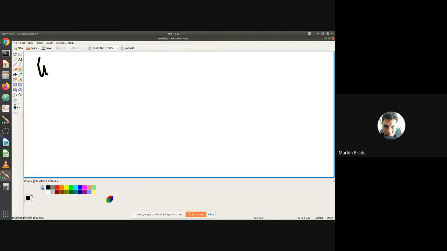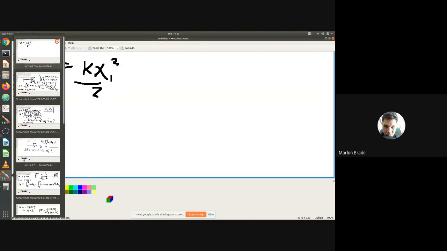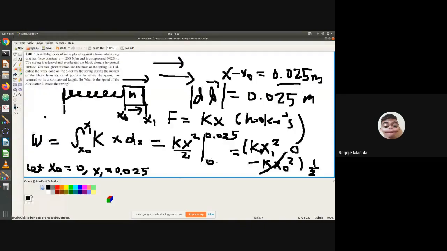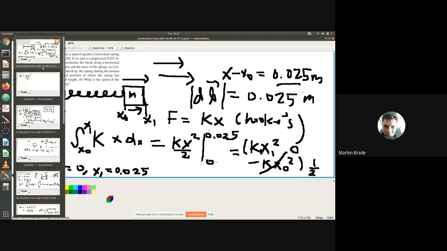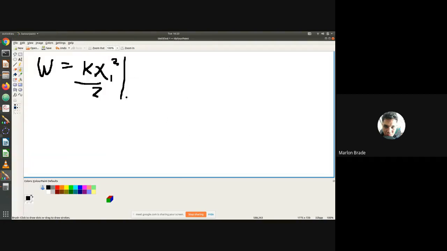So the work done is equal to k x1 squared over 2. Yes, the second term is zero, right? Because x naught is 0. So my x1 is 0.025, integrated from 0.